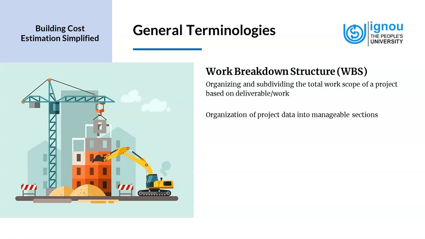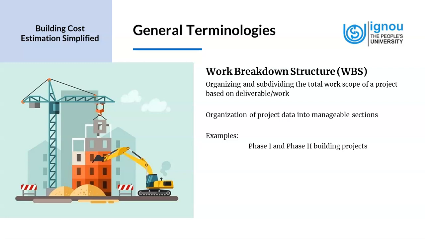It could be something we would be doing on every project without even knowing about it, that we are breaking down a bigger project or a bigger work into smaller parts so that we can quantify them or even plan them accordingly. For example, the phase 1 and phase 2 of building projects.